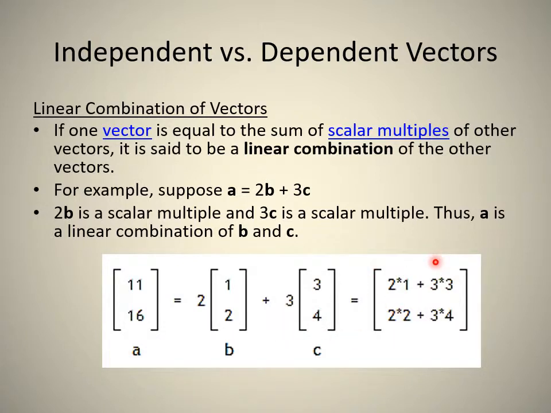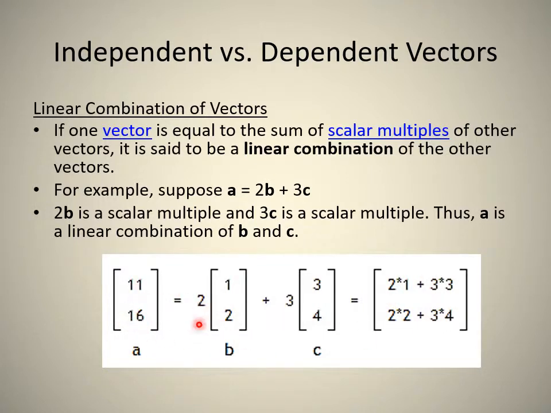So if we do this multiplication, and remember scalar with a matrix, or in this case a column vector, is 3 times 3, 3 times 4, 2 times 1, 2 times 2, and if we add the two new columns, we end up with this new column vector, which is 11, 16.